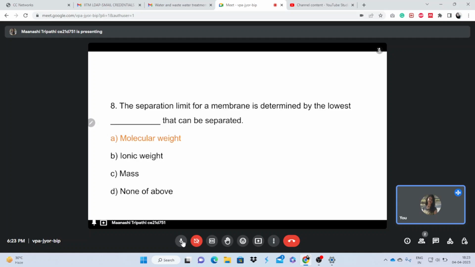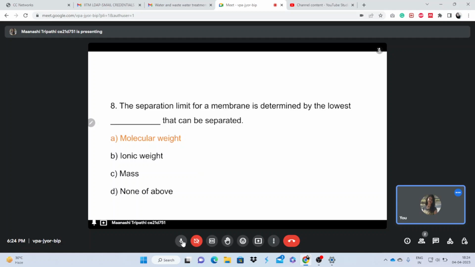The answer is molecular weight. You might have seen in many membranes, for example an RO membrane, it has a separation limit of 200 to 400 Dalton, or gram per mole. So if the particle has a molecular weight more than that, it will be retained in the concentrate and the rest of the things will pass.